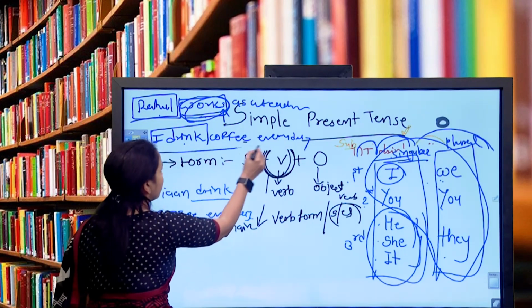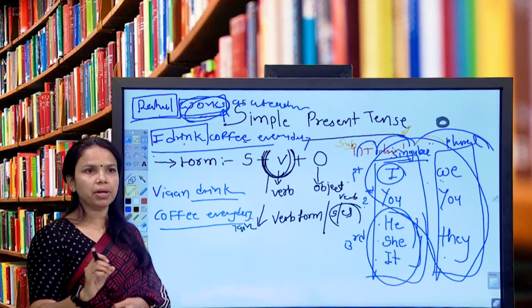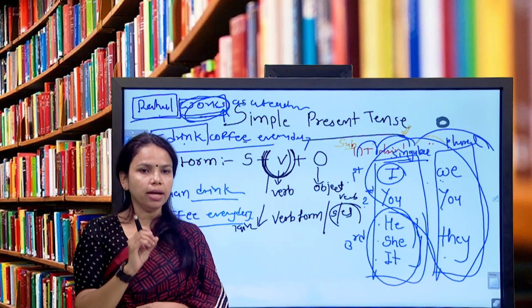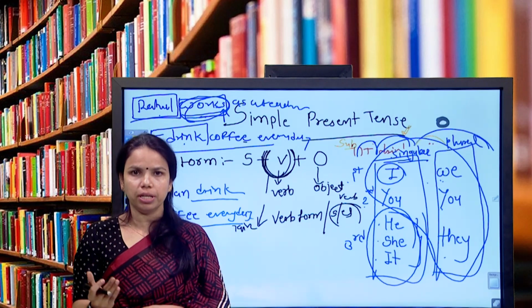I drink coffee every day. Vian drink coffee every day. Grammatically, simple present tense is about a habit, right? The thing that you do every day is called a habit or regular routine.